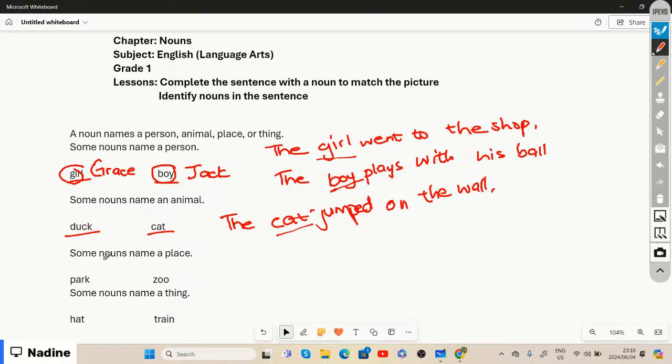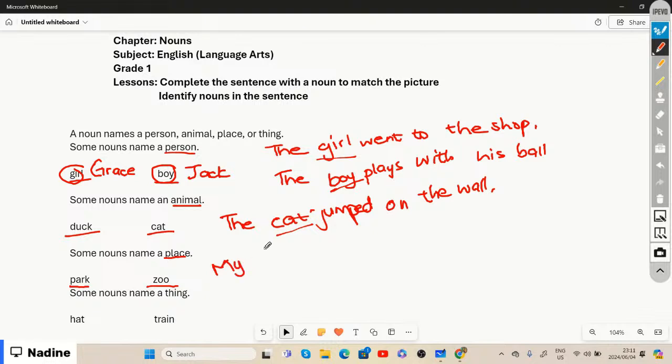Then also a noun names a place, right? For example, it names a park, it names a zoo. It doesn't necessarily have to say Toronto Zoo or the Toronto Animal Shelter. It can just generalize and say the park or zoo, right?